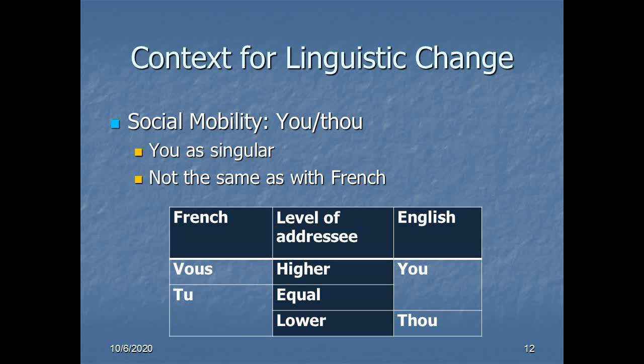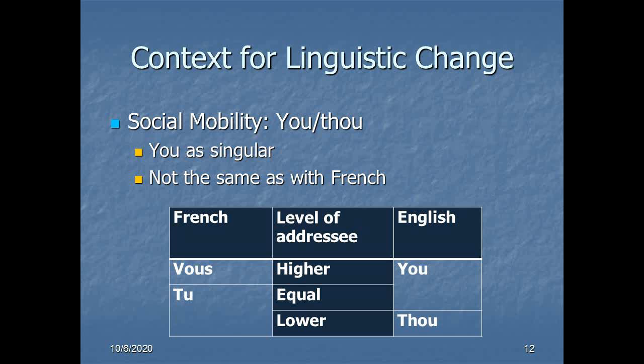This case is analogous to other Indo-European languages, but we'll take French as our example because French is, I think, a good comparison here. In modern French, we have in the singular second person, tu, and in the plural second person, vous, in the nominative case. These correspond directly to thou and you in what we might call archaic modern English. But the uses of them are quite different.